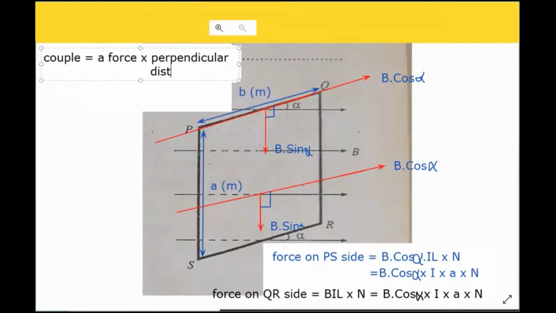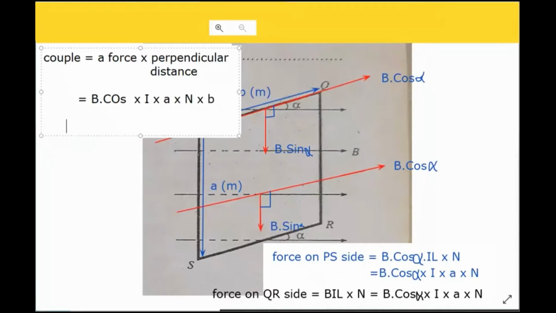You don't remember, but no need to write this equation in words here. So one force is B cos alpha into I into simple A into simple N. The perpendicular distance between the forces is simple B. So finally we will get this.